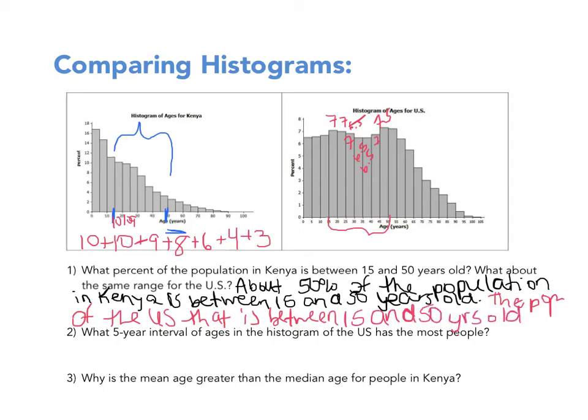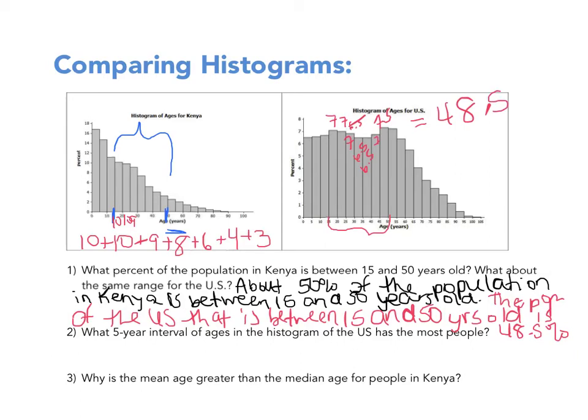And I'm doing this for space. You should not abbreviate on your own exams or on your own papers. Is 48.5%. So when I added all these up, it equaled 48.5.